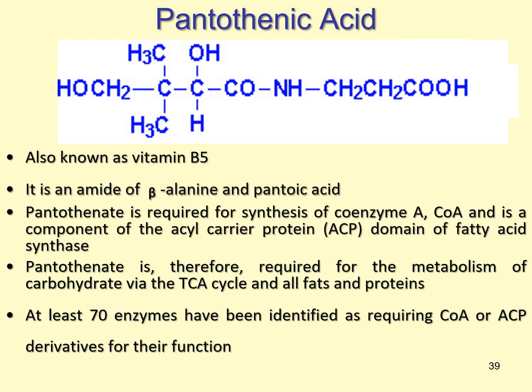Pantothenate is therefore required for the metabolism of carbohydrate via the TCA cycle, or tricarboxylic acid cycle, or Krebs cycle, and all fats and proteins can be important for this cycle. At least 17 enzymes have been identified as requiring coenzyme A or ACP, acyl carrier protein, derivatives for their function. So this is vitamin B5 or pantothenic acid.